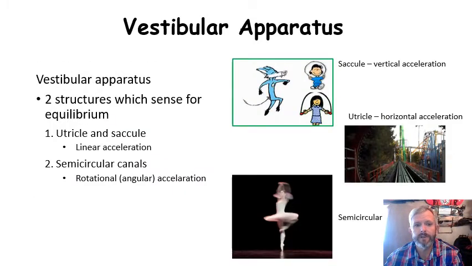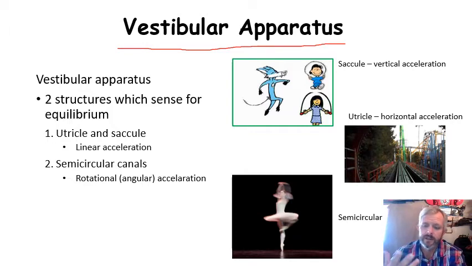All right, so we're going to look at equilibrium, which is housed in the vestibular apparatus, all the portion besides the cochlea. There are two main structures. We have the otolith organs that contain the utricle and saccule. Then we have the back portion where you saw those rings.